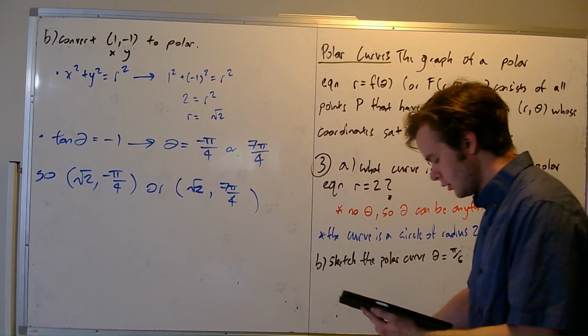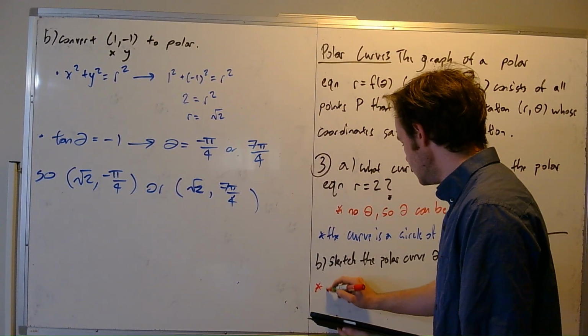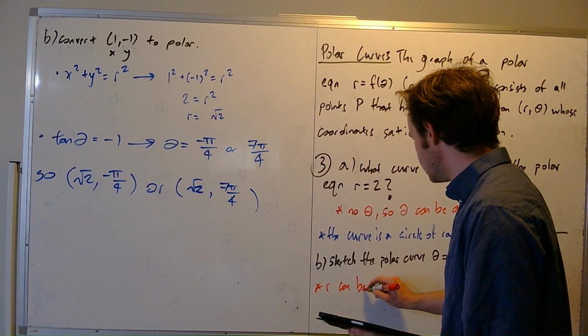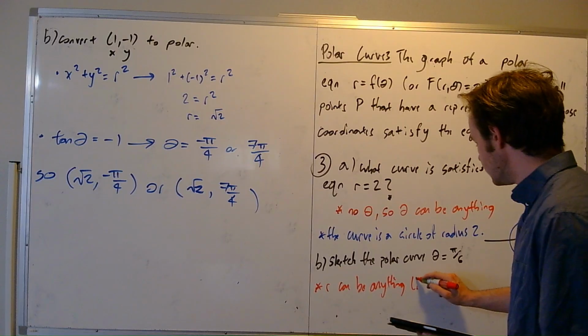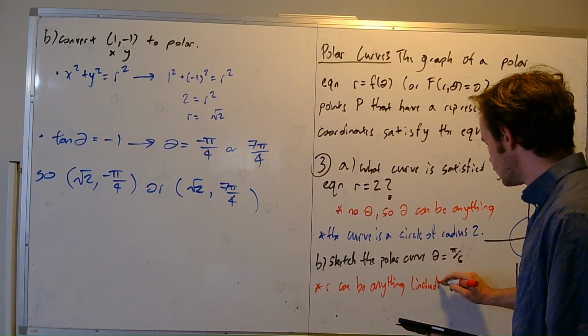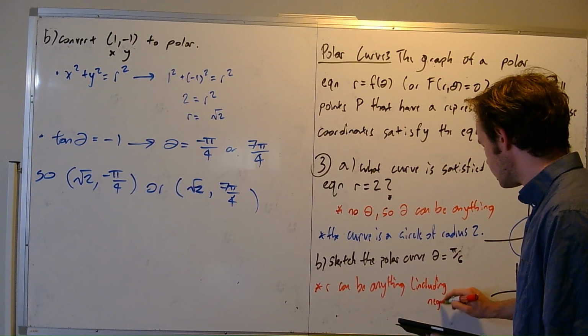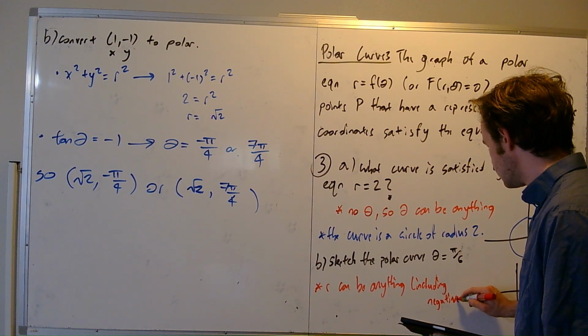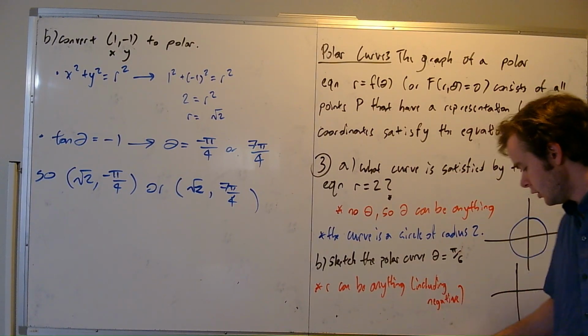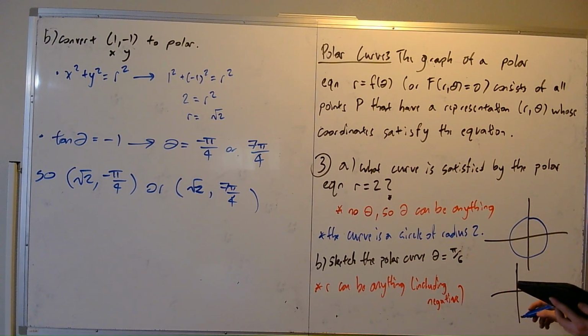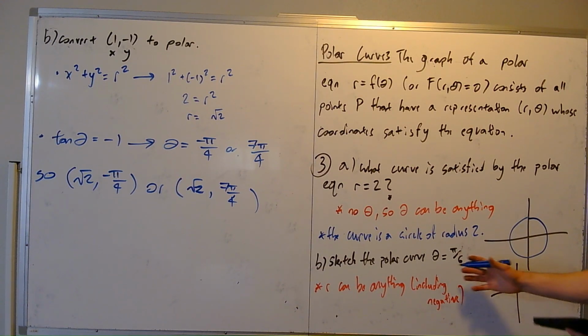So r can be anything, including negative. So we're just taking all the points that are at an angle of pi over 6, which is an angle of 30 degrees from this polar axis, I think that's what we call it, right?